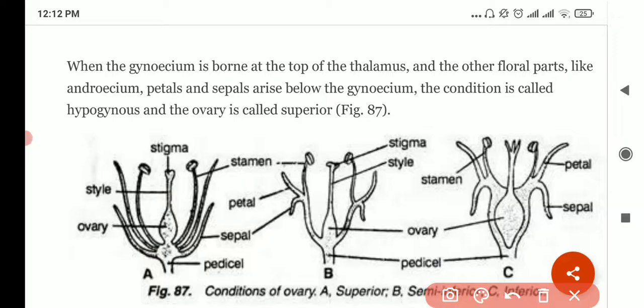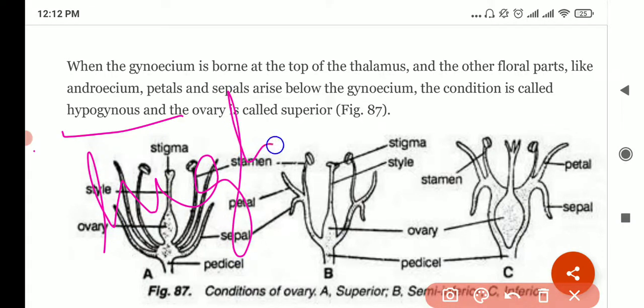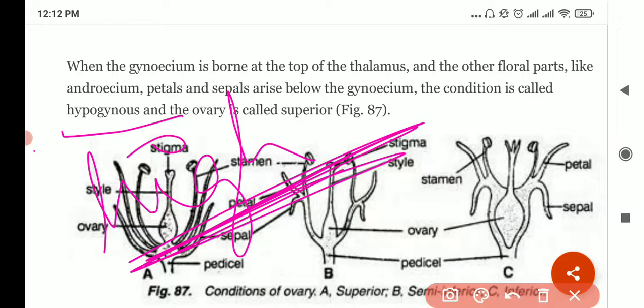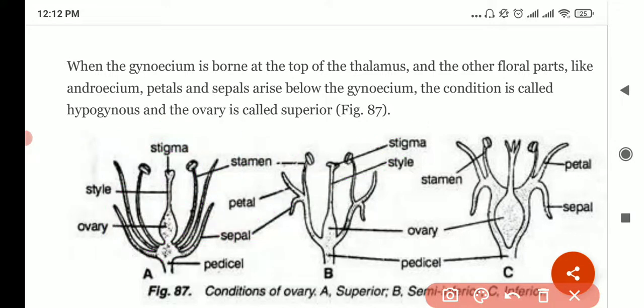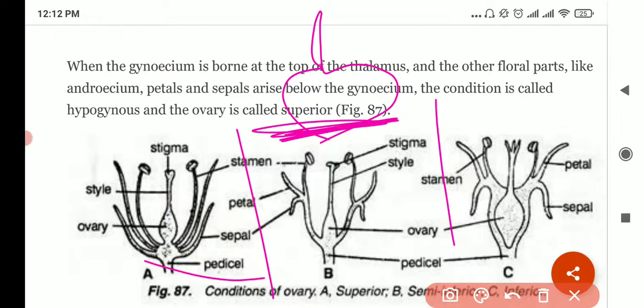So you correlate this word hypogynous with the word high. Just imagine this woman sitting on a high chair. The gynoecium is on a high shelf and the rest are all down.